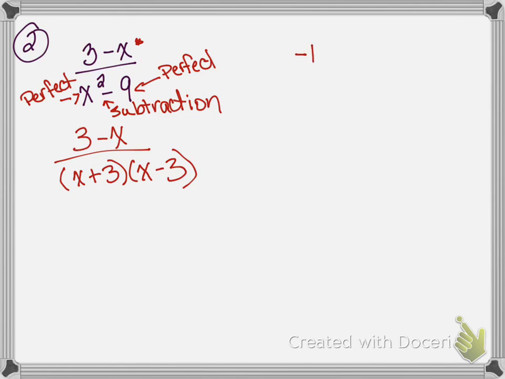So if I take -1 out of this 3 minus x, -1 times what gives me +3? -3. Okay, so this is what happens when I'm factoring out a -1. -1 times what gives me a -x? Good. Okay, so can I rewrite that then as x minus 3?